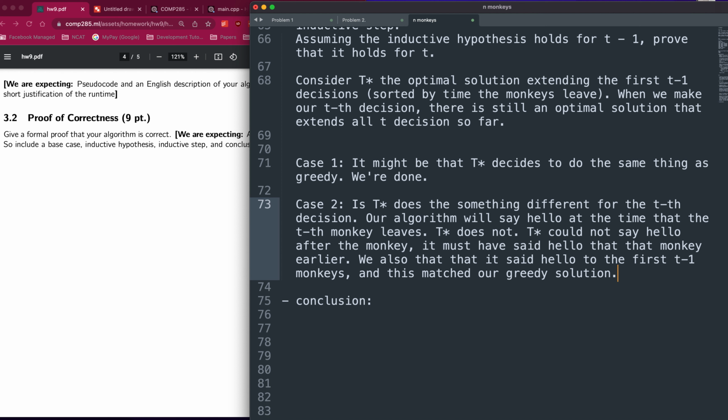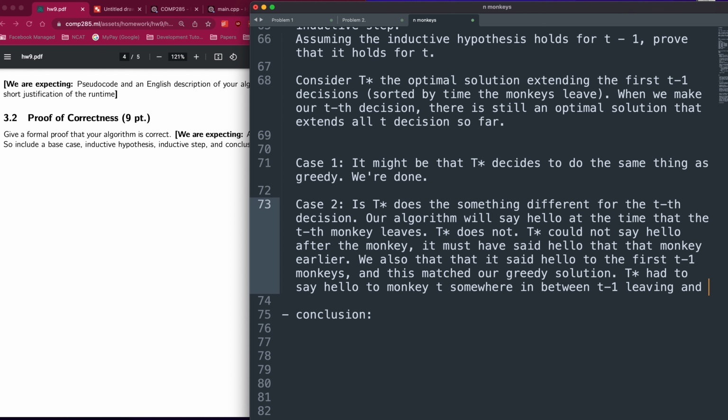So that means that t star had to say hello to monkey t somewhere in between t minus 1 leaving, and t leaving, right? So it did not say it when t left, like at the very last possible time.